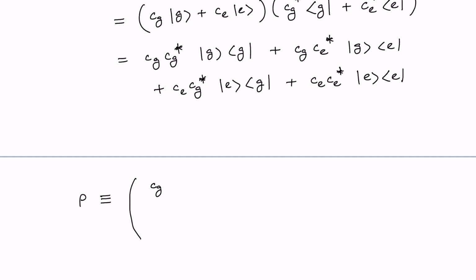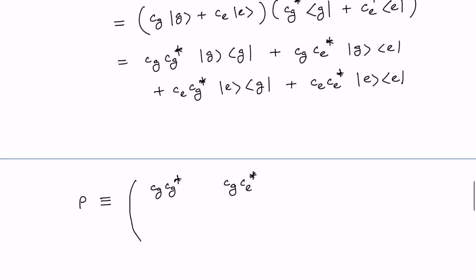I have here the term c_z c_z star, the coefficient associated with |z><z|, then c_z c_e star, the coefficient associated with |z><e|.